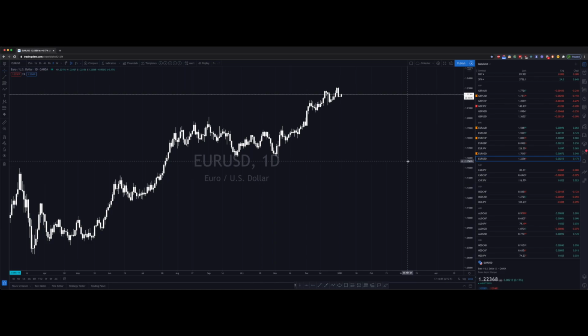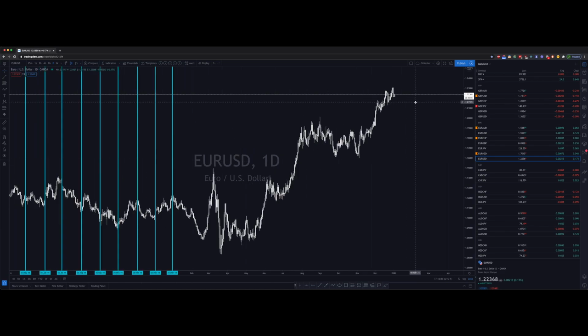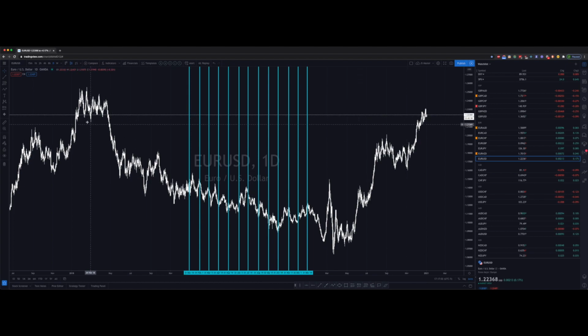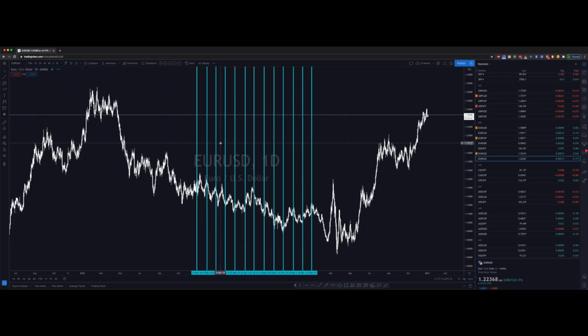EURUSD, extended move up, kind of in no man's land here. So you have to go all the way back to, actually, April 18 for when last price was kind of at this level.